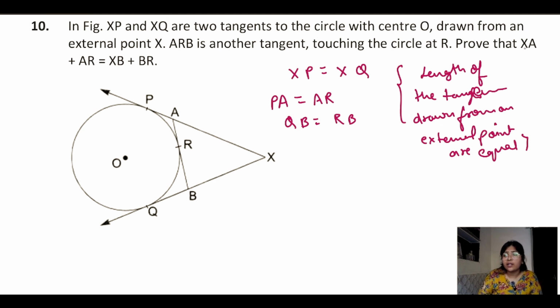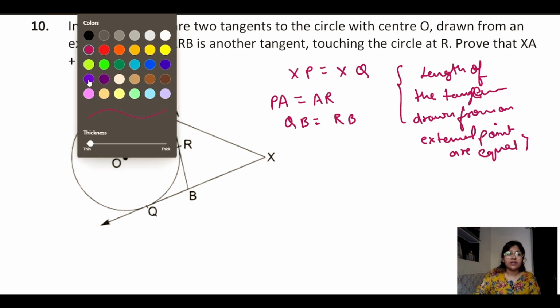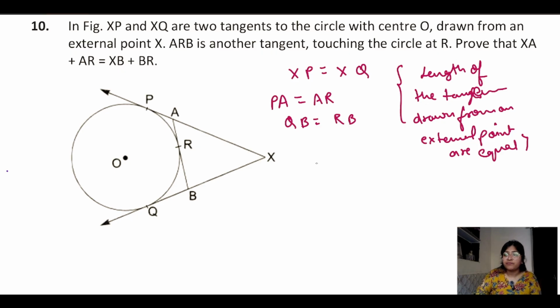That XA plus AR is equal to XB plus BR. Very easy question. Can you do the proving on your own? Yes, try this. We are going to take the LHS and show that the LHS is equal to the RHS. It means the question is proved.